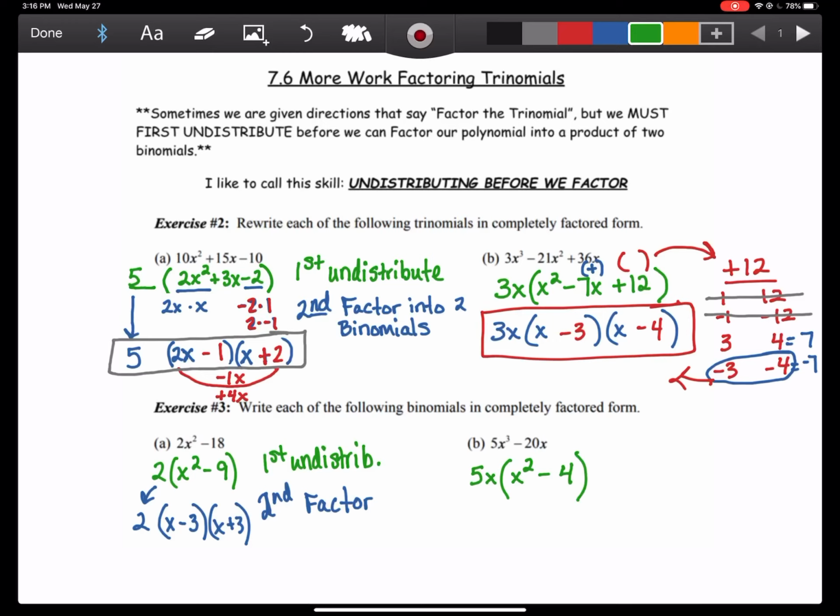This will give us conjugate pairs once we finish. So let's keep going. Rewrite the 5x. Set up the two binomials so that we have room for our conjugate pairs, and factor the x squared. X times x, and then factor the -4, which same number, different sign. Done and done.